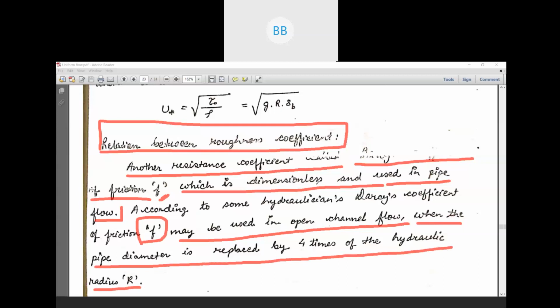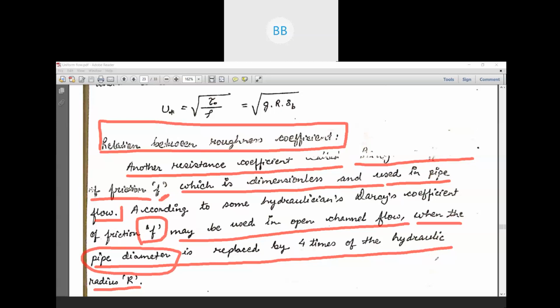Whatever equation we have for Darcy's coefficient, if we replace the pipe diameter by 4 times the hydraulic radius, then that equation can be applied to open channel flow.